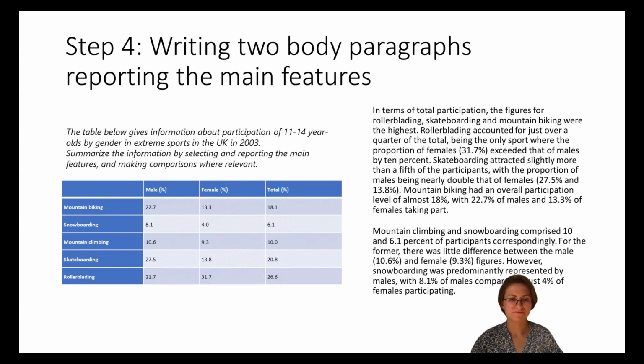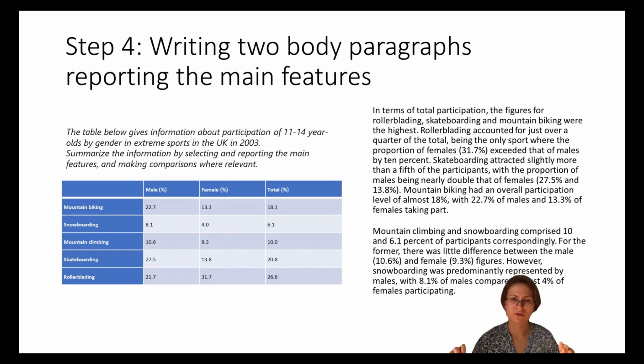Step 4, write your body paragraphs, preferably 2 body paragraphs, reporting the main features. As I've mentioned, I've decided to write about rollerblading, skateboarding, and mountain biking in 1 paragraph.